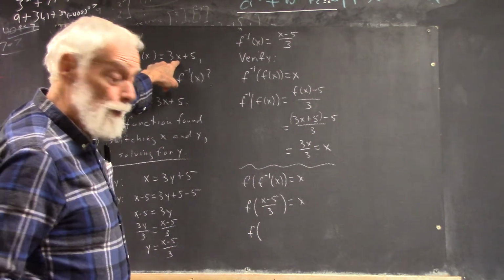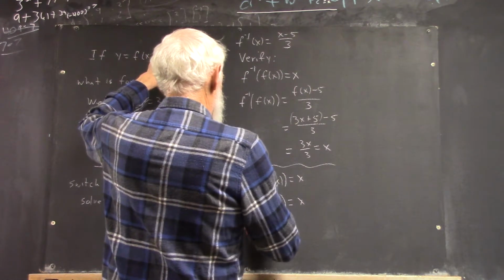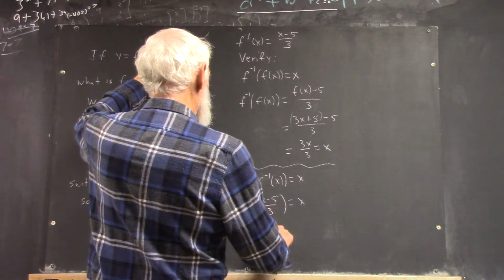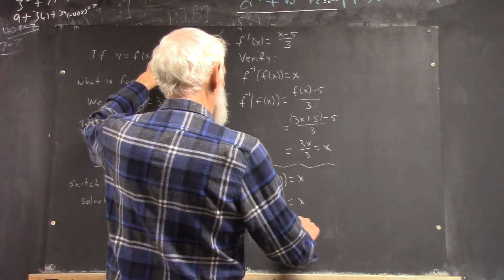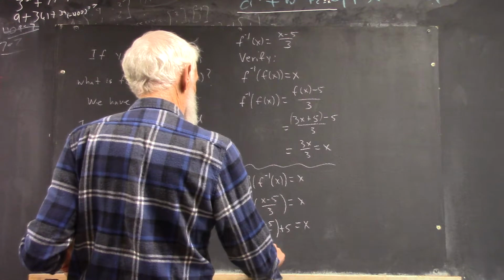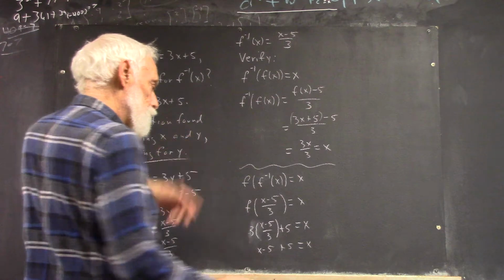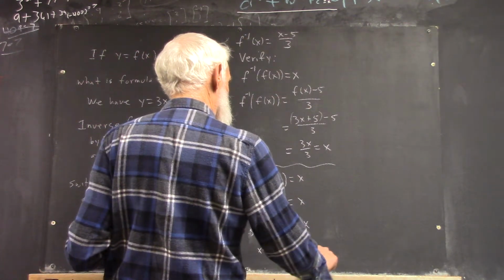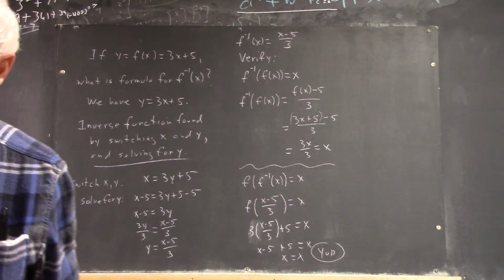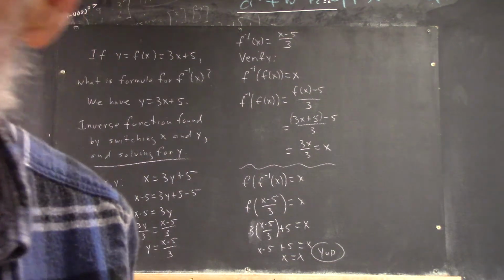So we've got to replace this x by that. So I don't need to write the f. I write 3 times x minus 5 over 3 plus 5 should equal x. Well, 3 divided by 3 gives us x minus 5 plus 5 equals x. Well, x minus 5 plus 5 is x equals x. Yep. It worked. Okay? So that's all you got to do, but you got to use function notation correctly.